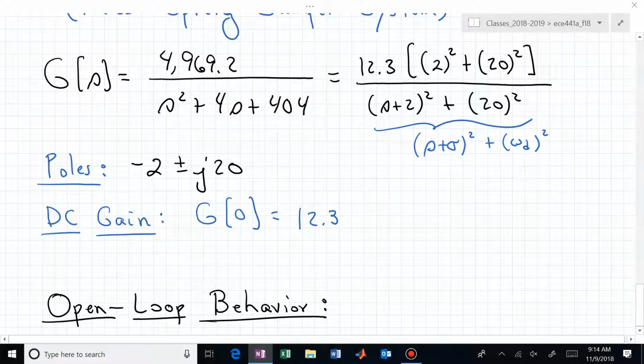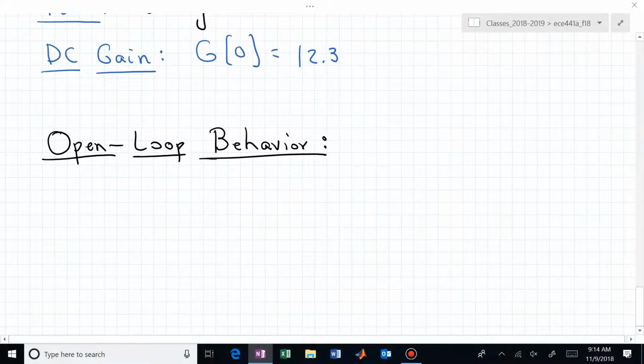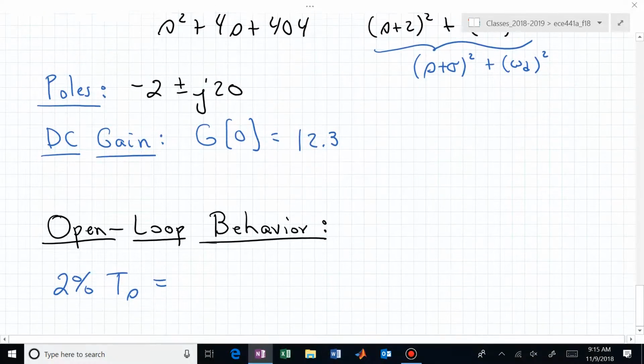All right, so now what happens if we don't feed anything back, if we just apply a signal to the input to this system? What's the open loop behavior? For example, what's the 2% settling time for this system? Can you tell me?